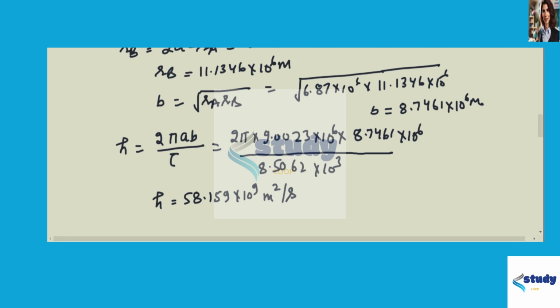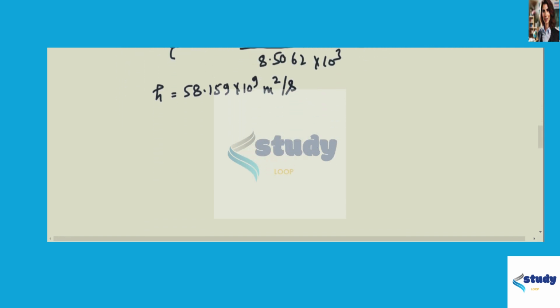Velocity at A will be h upon Ra, and Ra is given.